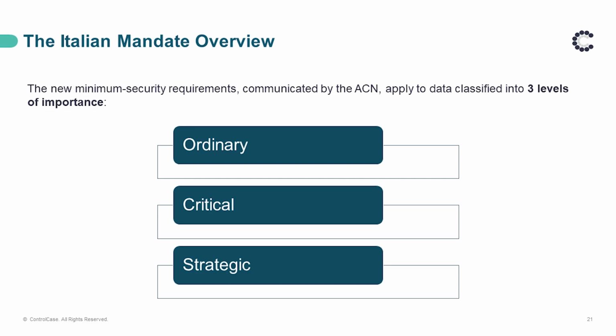And then there are 4 levels of compliance. The reason for this mismatch between classification of data and level of compliance is that some data classified as critical are part of a specific perimeter of services within the public administration, and therefore they acquire a higher status in terms of compliance needs.